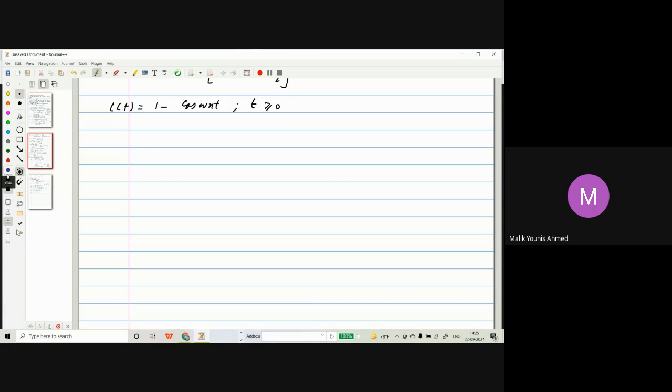Step response of a second order system. For both I will draw. Here, let me draw it like this.